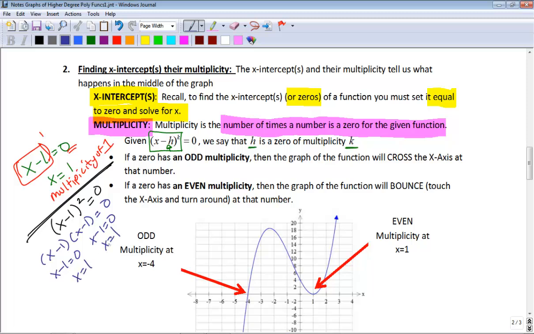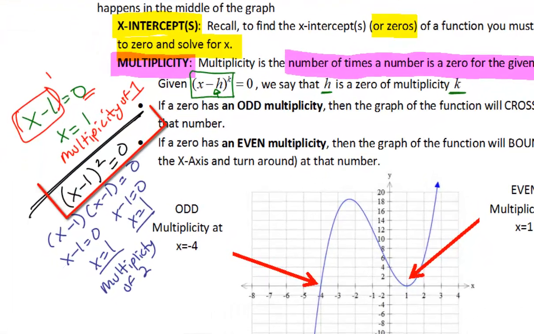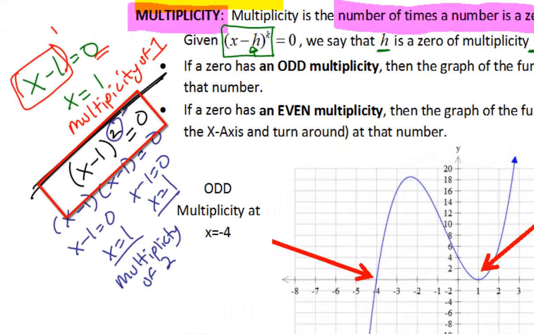So you have to ask yourself, how many times was x minus 1 an answer for this polynomial? Well, twice. It's an answer twice. So it has a multiplicity of 2.